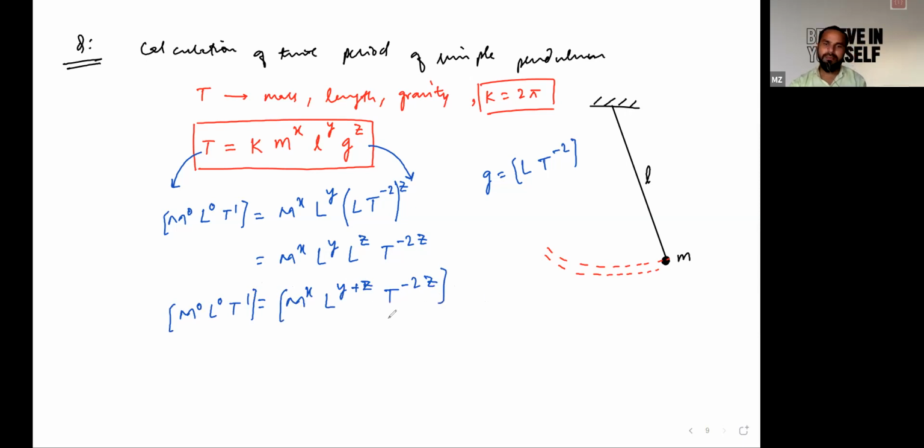Is this the same as the expression you got? First, try to compare this. Is it the same expression which we have got?